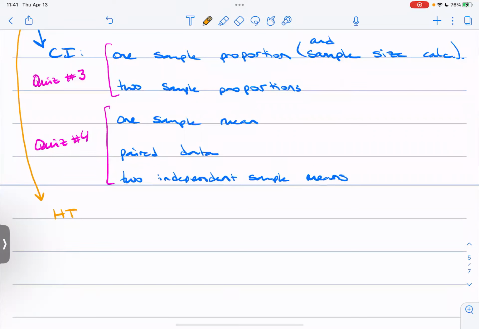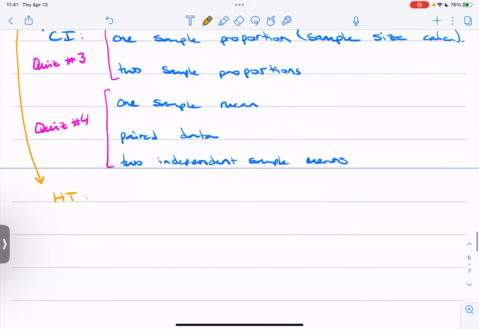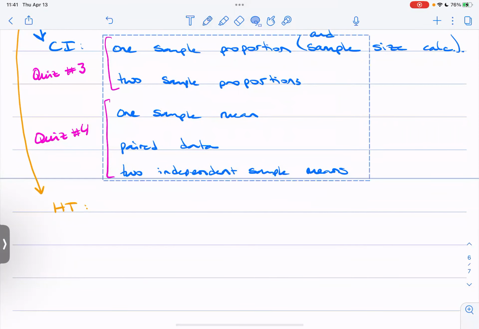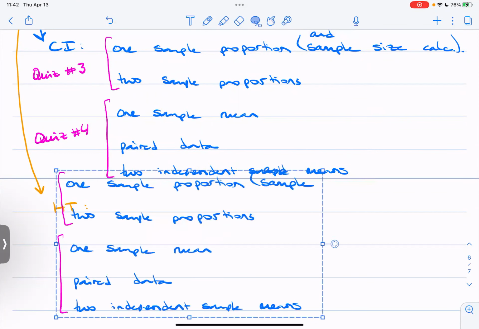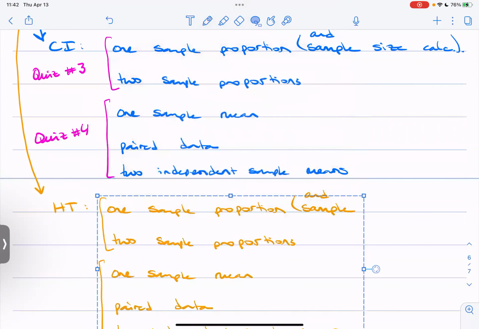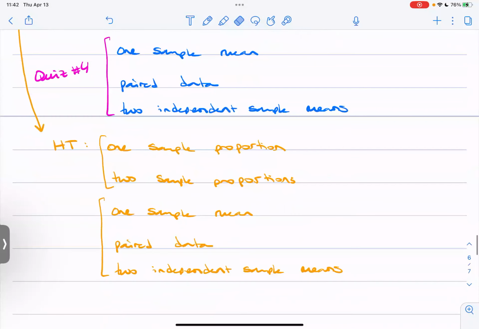So for the hypothesis test, again, it's the same categories. It's all the same. But there's no sample size calculation if it's a hypothesis test.